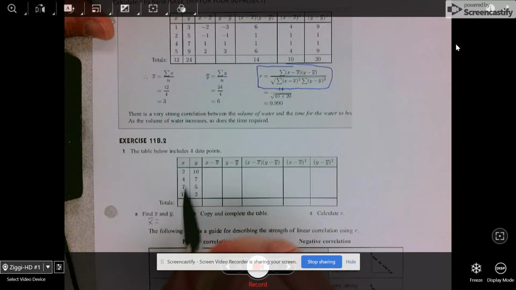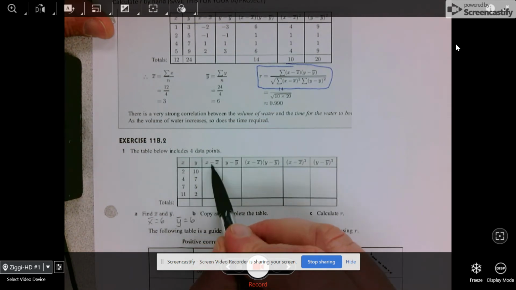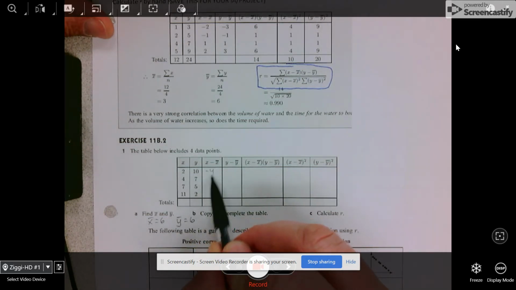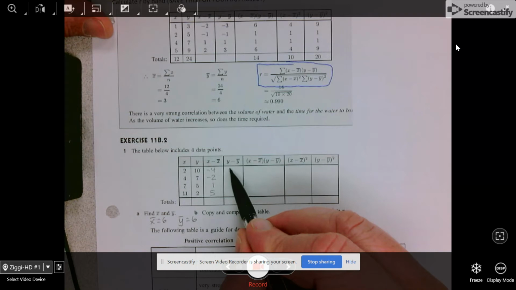So 2 minus 6, 4 minus 6, 7 minus 6, 11 minus 6. And then Y averages 6, so 10 minus 6, 7 minus 6, 5 minus 6, 2 minus 6. Okay, so now you have the differences between the average and the values.